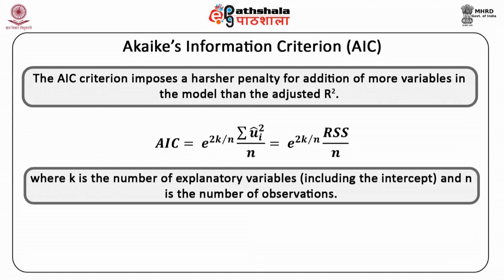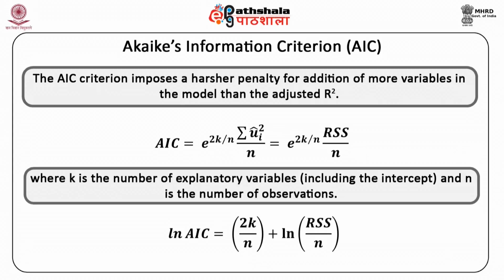The above can be rewritten as ln AIC is equal to 2k by n plus ln of RSS by n, where ln AIC is the natural log of AIC and 2k by n is known as the penalty factor. The AIC criterion can be used to compare both the in-sample and out-of-sample forecasting performance. When two or more models are compared, the one with the lowest value of AIC is chosen as the preferred model.